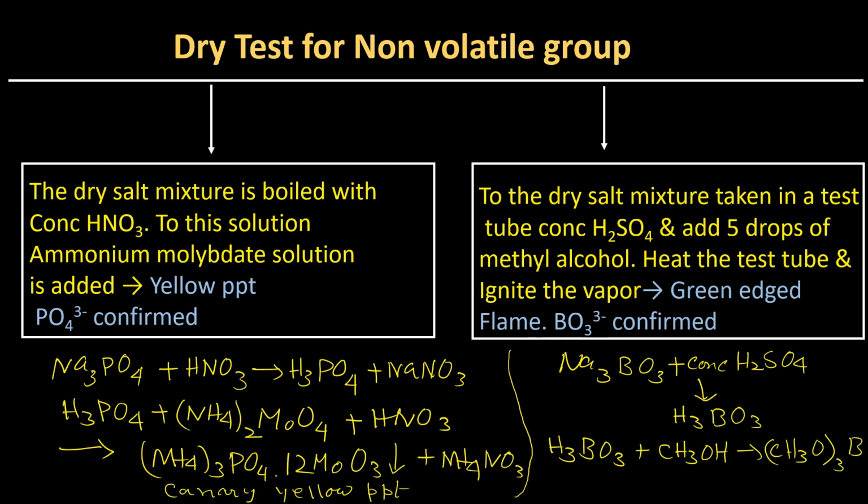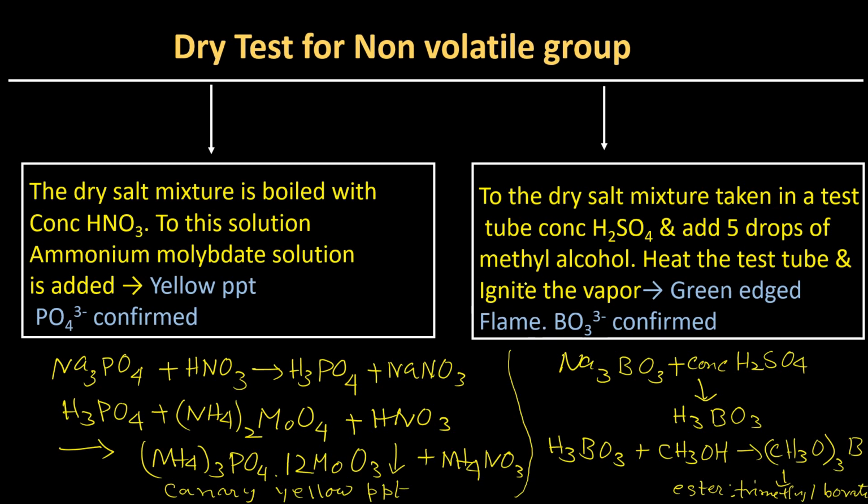This trimethyl borate ester is volatile. When you ignite the vapor, it burns with a green edged flame.